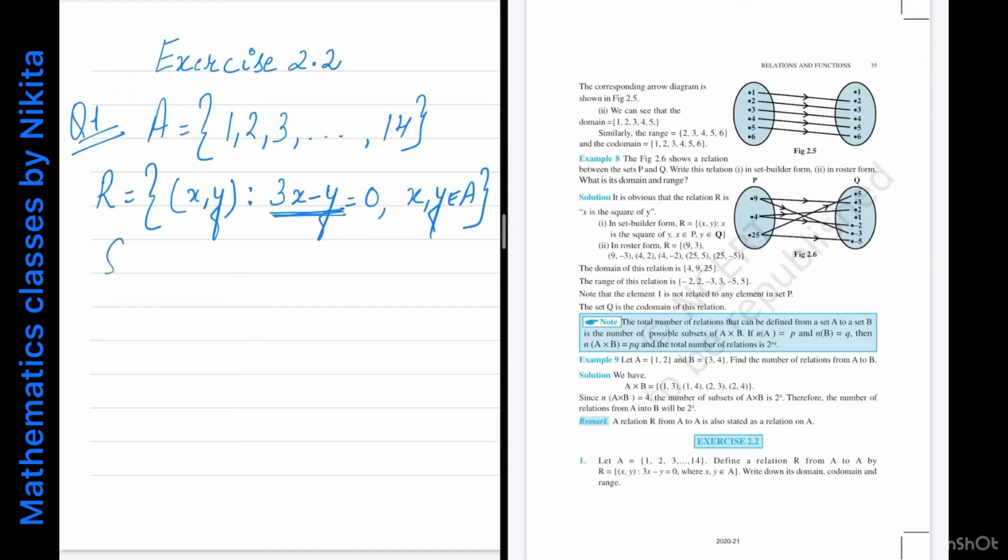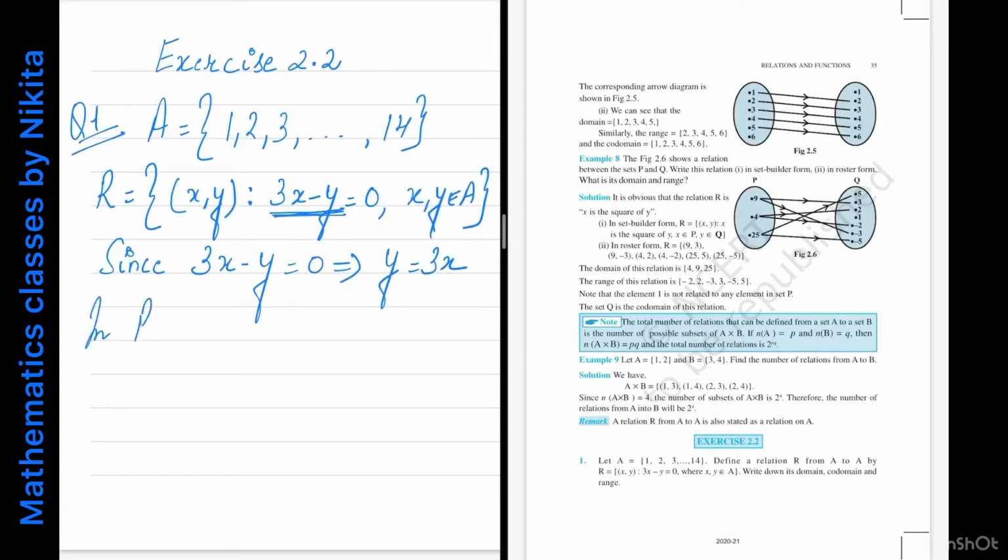Since 3x - y = 0, from here what you get is y = 3x. So this is the relation between the first and the second element. The second element is nothing but 3 times the first element.